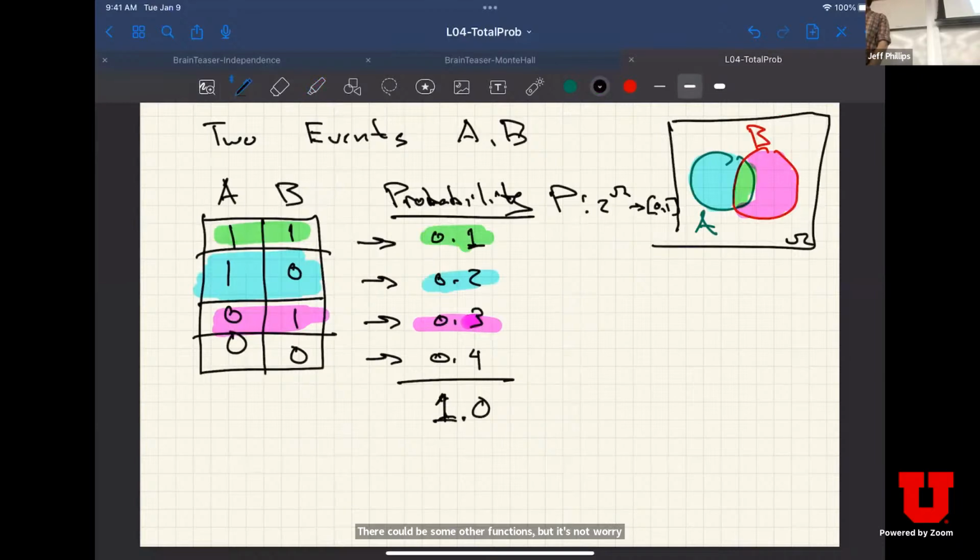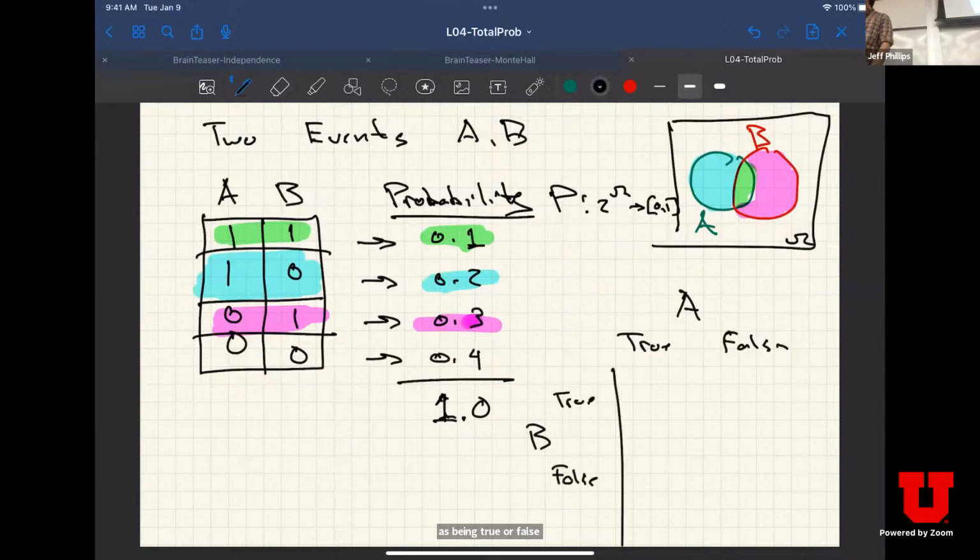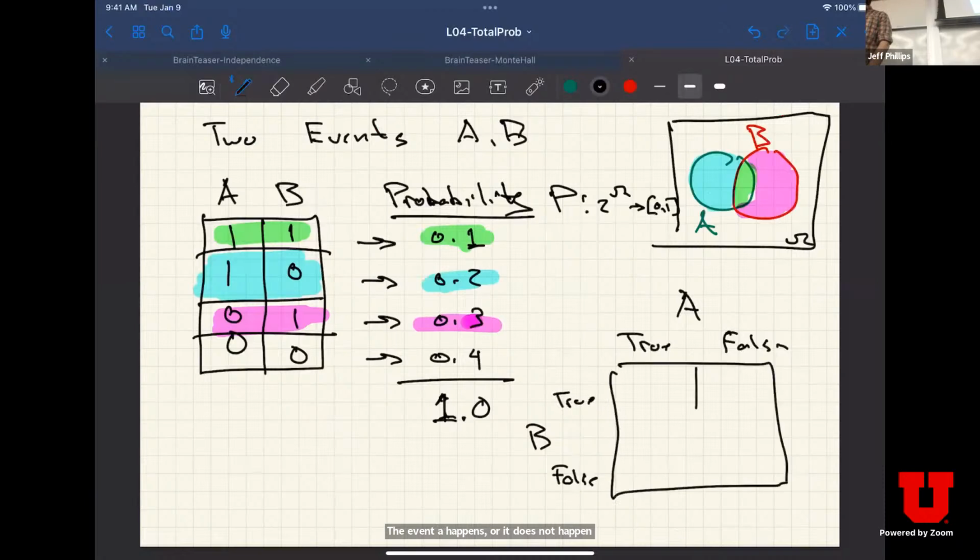Another way of thinking about this is a probability table, where I think of A as being true or false, and B as being true or false, being the event A happens or it does not happen. Now I can write the probabilities in here as well, and we previewed this in one of the examples. A and B both true is 0.1.